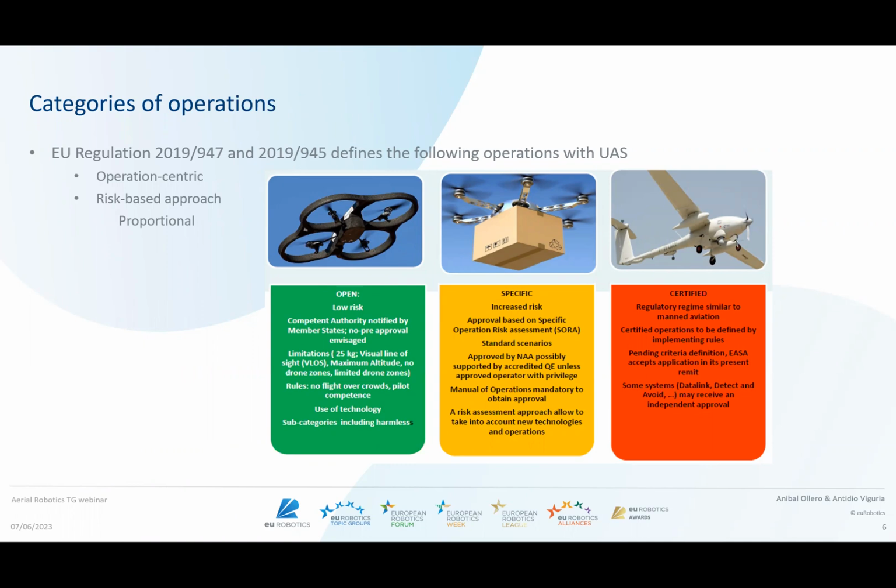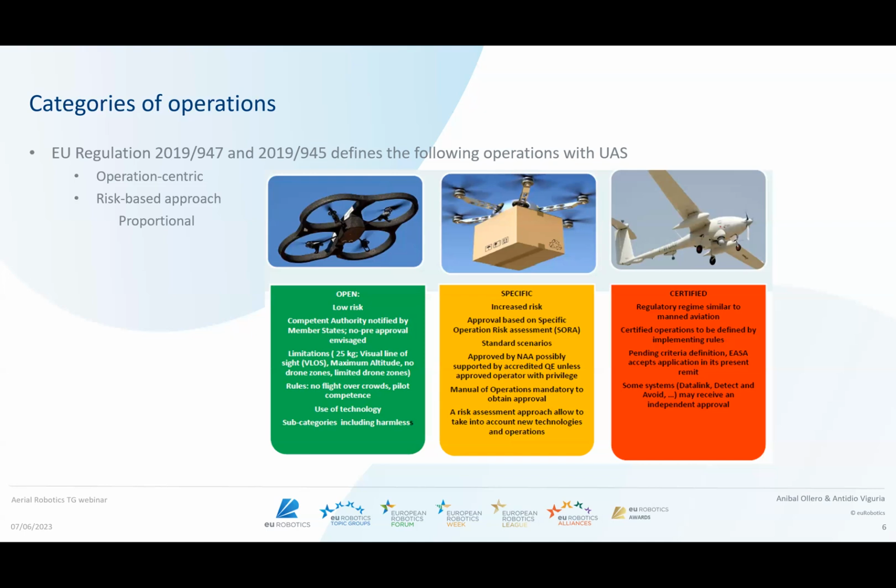So in the end, what they want to achieve is that the overall risk is always the same, but depending on the mitigations and other means, not all the risk is on the aircraft itself. It could be mitigated by other means.